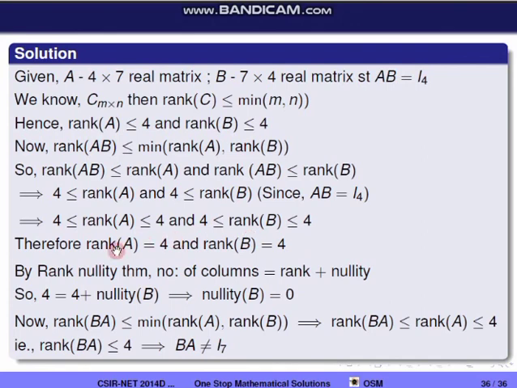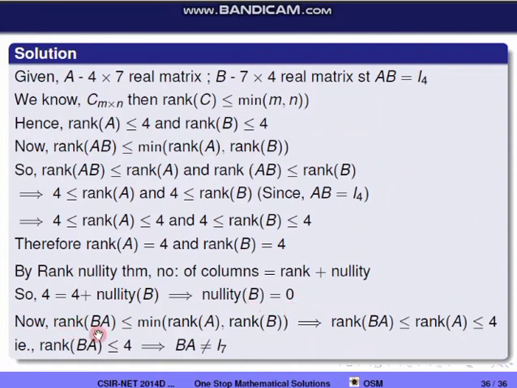That is, rank of A is equal to 4 and rank of B is equal to 4. Now using rank nullity theorem, we know that number of columns of the matrix equal to rank of the matrix plus nullity of the matrix. Using it for the B matrix, we get that 4 is equal to 4 plus nullity of B. That is, nullity of B is equal to 0.